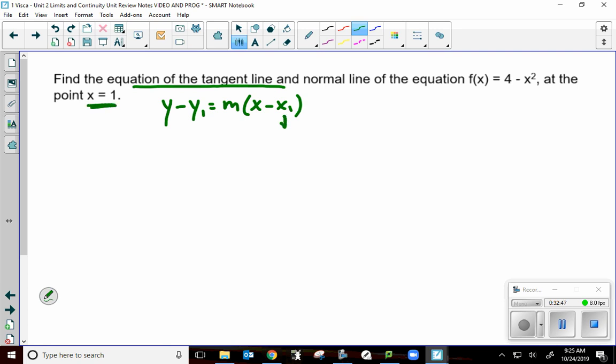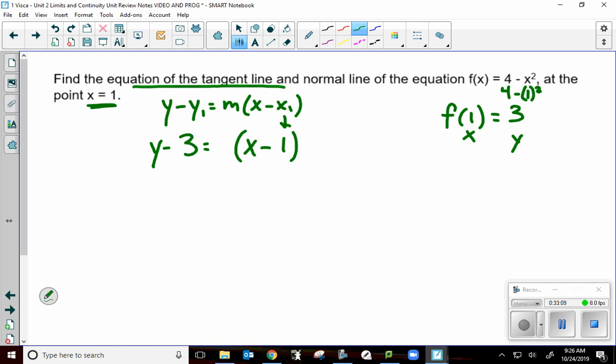I already have my x value here, x1 is 1. How do I get my y value? f of 1 equals, this is your x, this is your y. I just plug a 1 into my equation. 4 minus 1 squared is 3. So my y value is 3 there. That was simple.